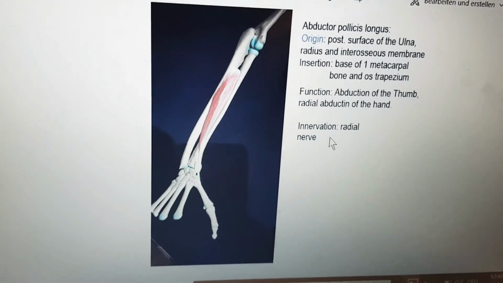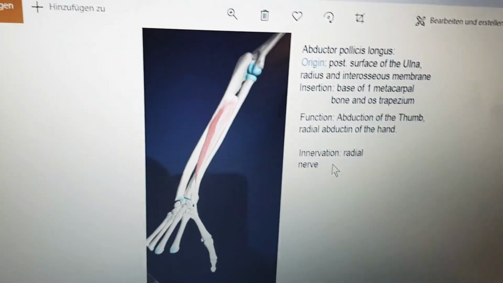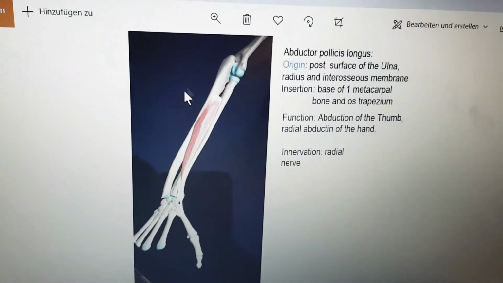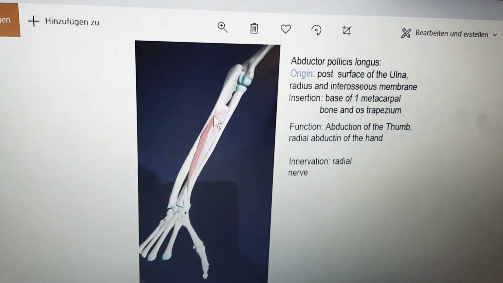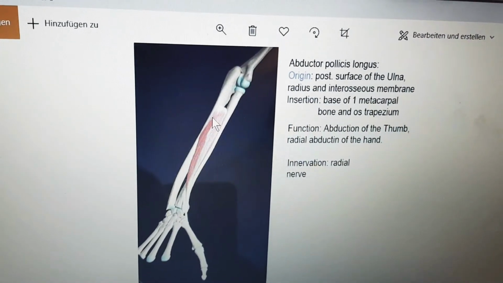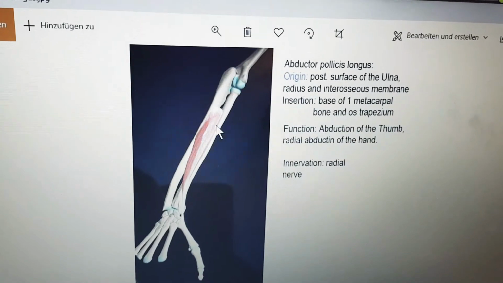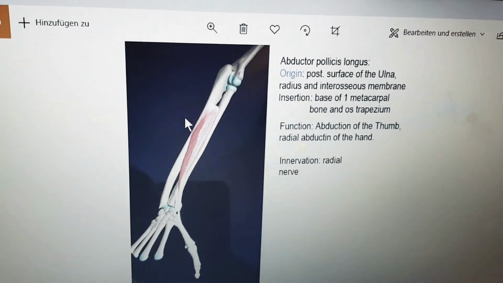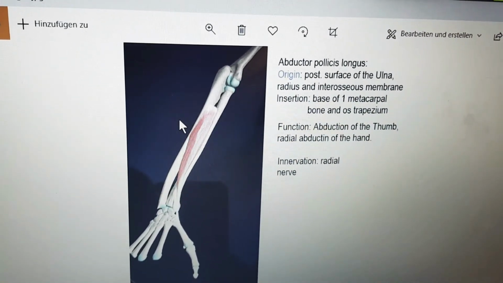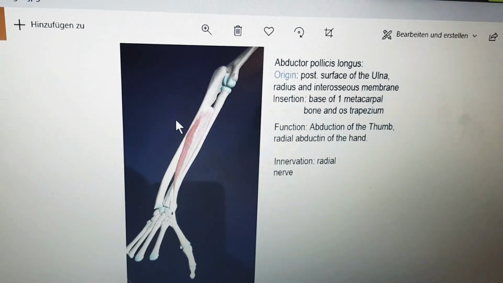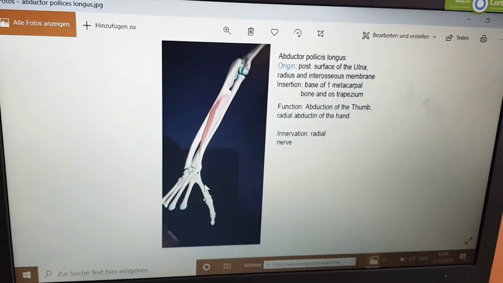The next muscle in this group is abductor pollicis longus muscle. The origin of this muscle is from here, from the posterior surface of the ulna, radius, and interosseous membrane. The insertion of this muscle is at the base of the first metacarpal bone and os trapezium.